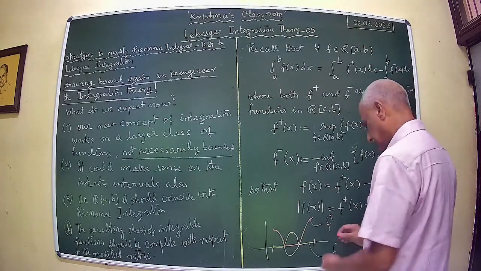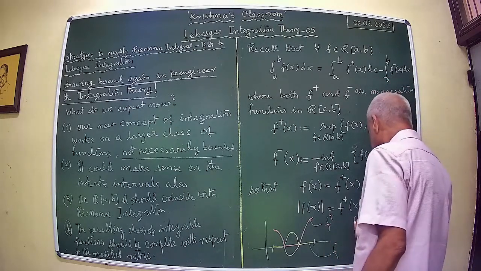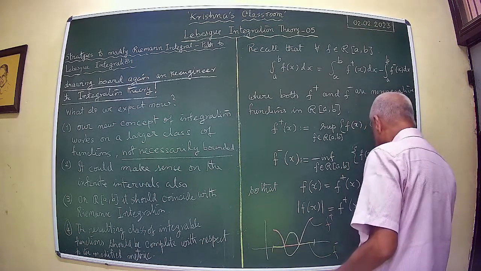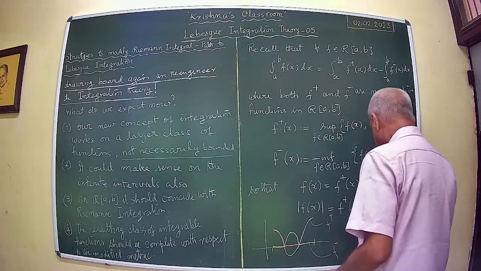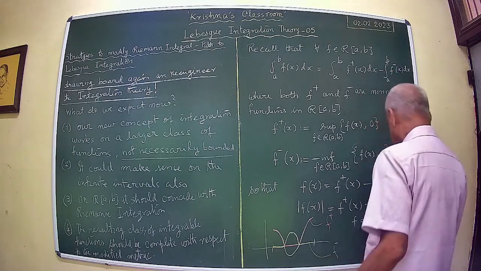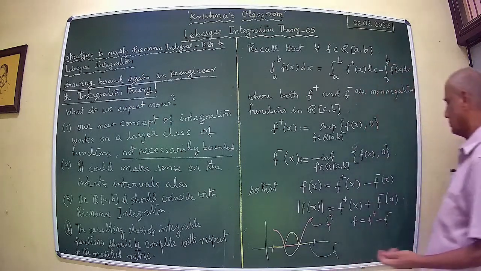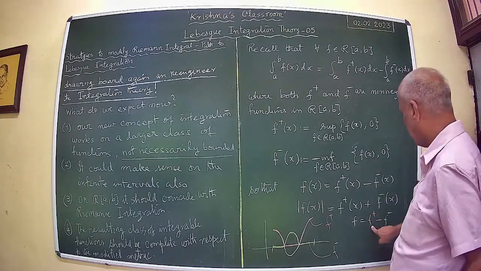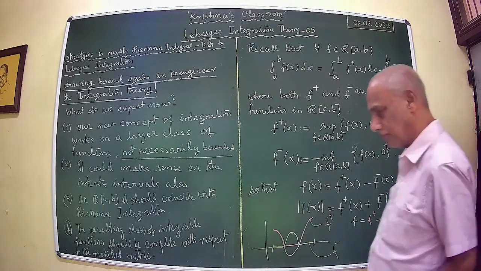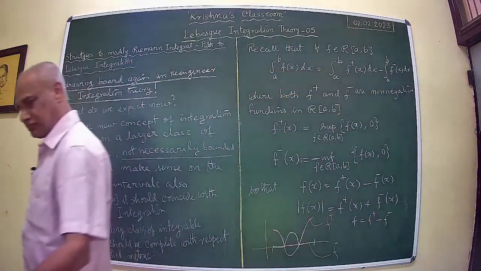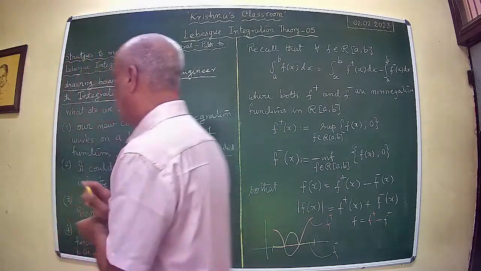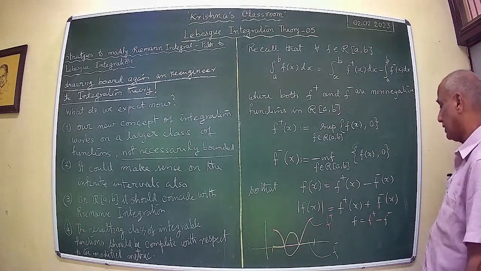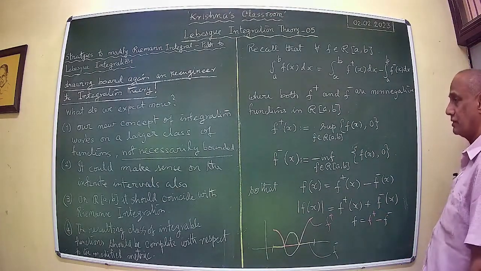So you have f is equal to f plus minus f minus, and further the integral of f equals the integral of f plus minus the integral of f minus. Therefore, it is enough to develop the theory for non-negative Riemann integrable functions in this case.